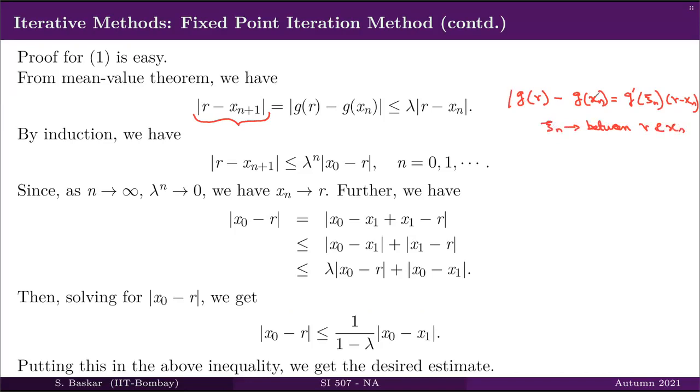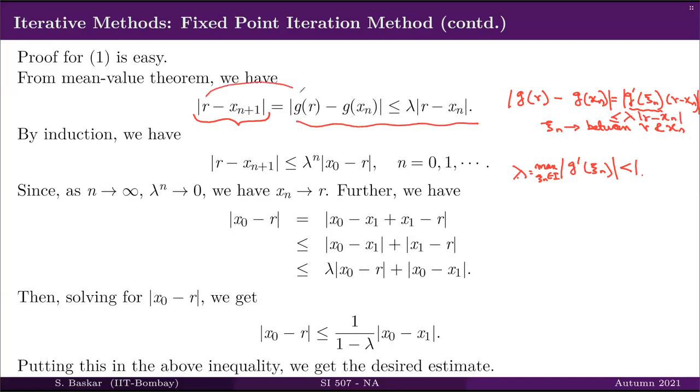Now you take modulus on both sides and use the fact that g is a contraction map. It means g dash of xi_n will be less than 1, right? If you recall, we have taken the maximum of all the g dash of xi_n in the interval I as lambda. Therefore, I can say that this is less than or equal to lambda times mod R minus x_n, right? So that is what I am writing here. And this side is just a definition.